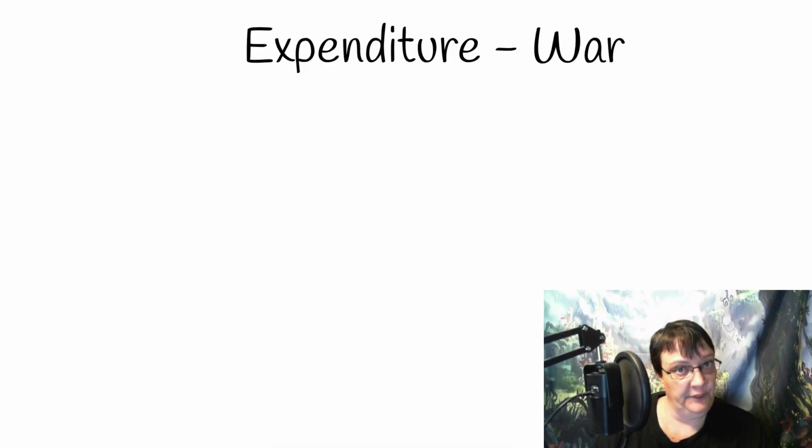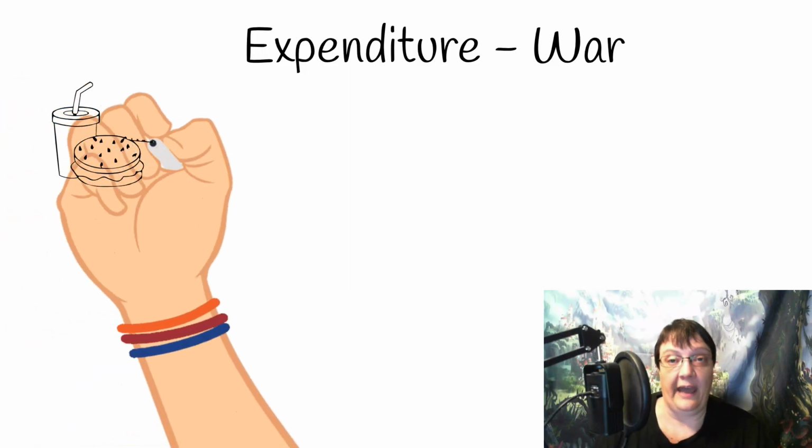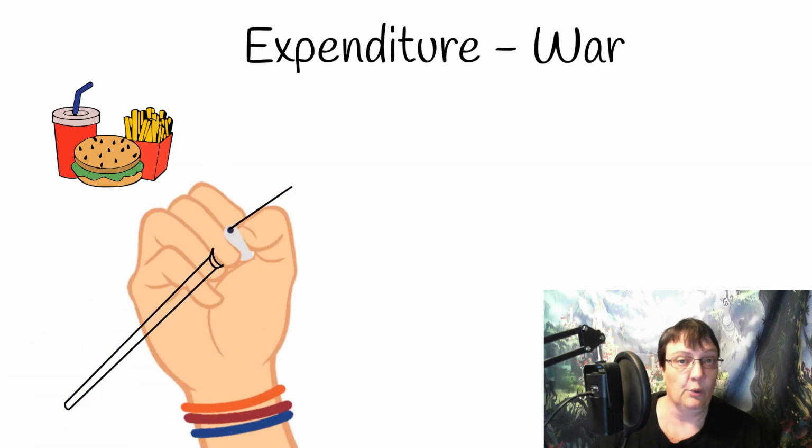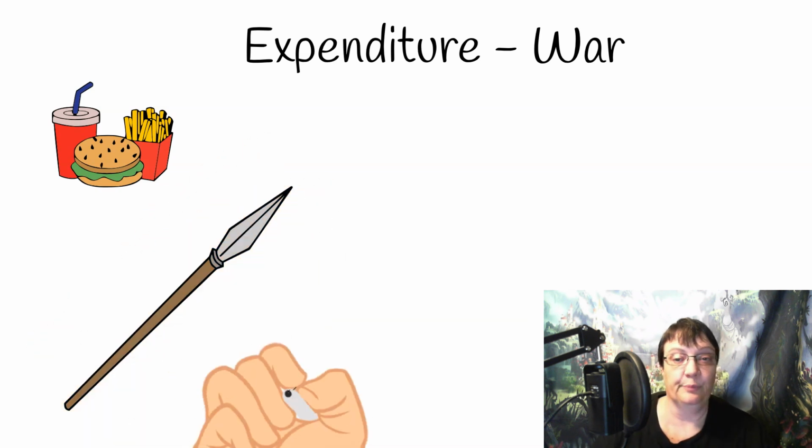And then lastly, we spoke about the income you get from war, but there is also a cost associated with war. You need to feed your soldiers if you're planning on having them be capable of winning at the end of the battle. Sometimes you need to provide weaponry for your soldiers, arrows and so on for archers. All of that costs money.